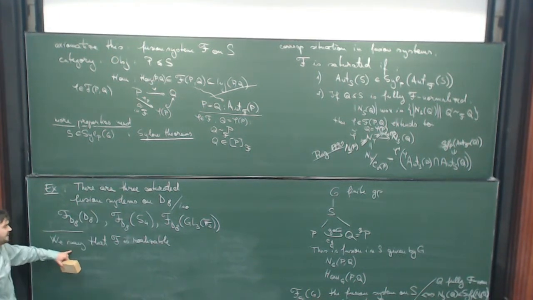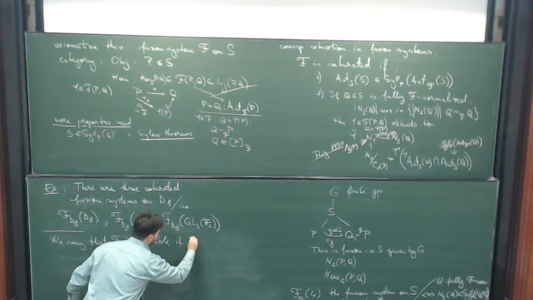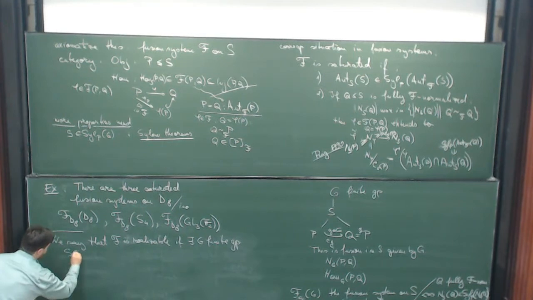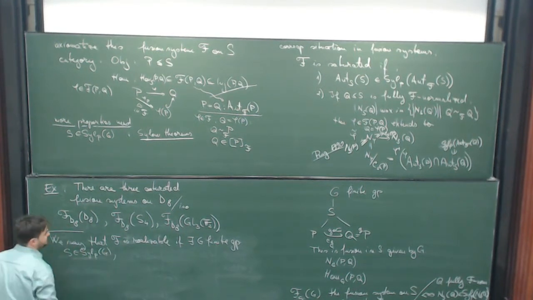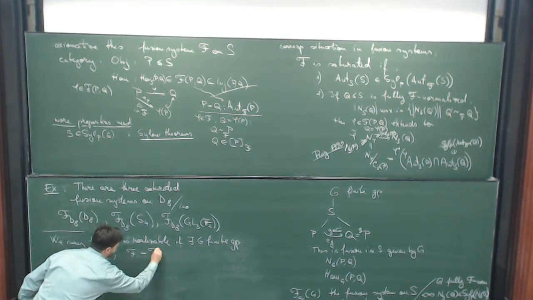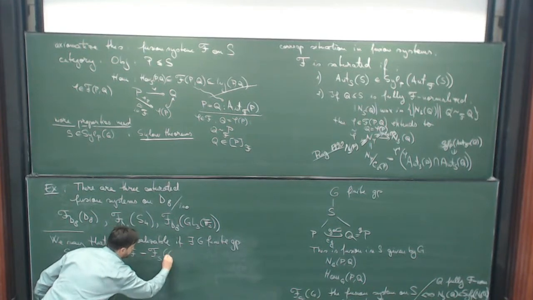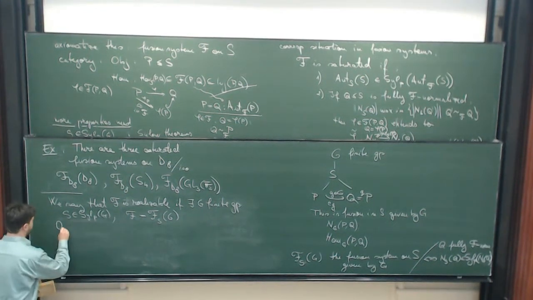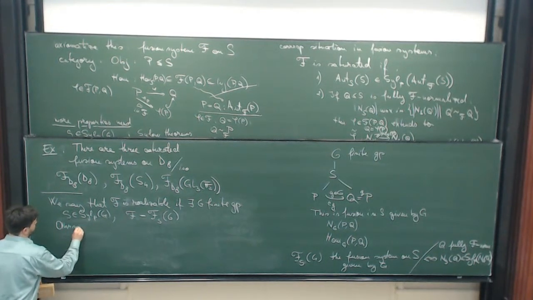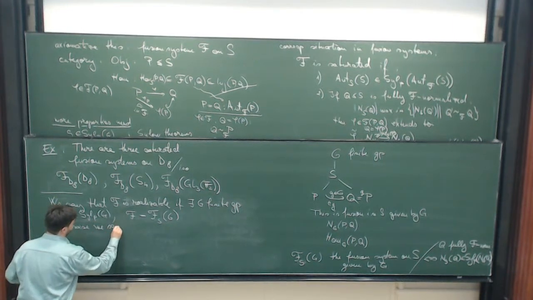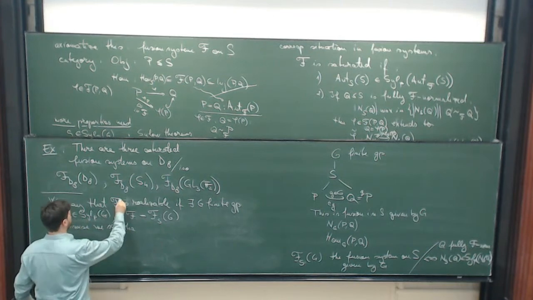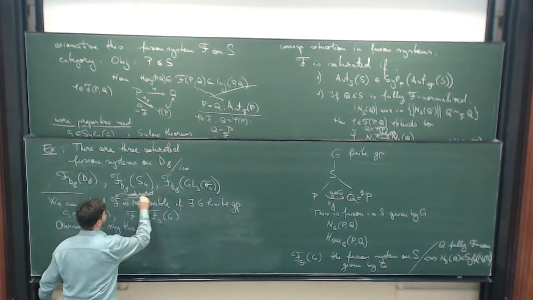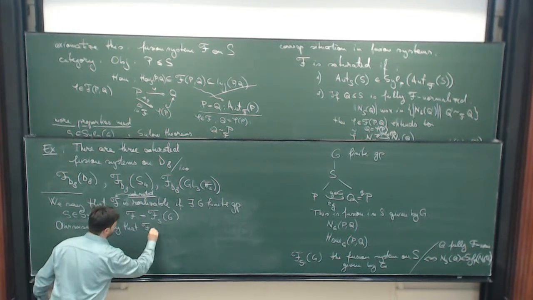But we say that F is realizable if there exists a finite group G with S a Sylow p-subgroup of G, such that F is the fusion system on S given by conjugation by elements of G. Otherwise, I'm speaking here of F saturated, we say that F is exotic.